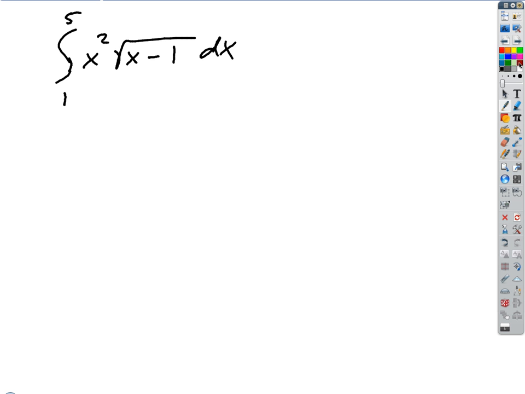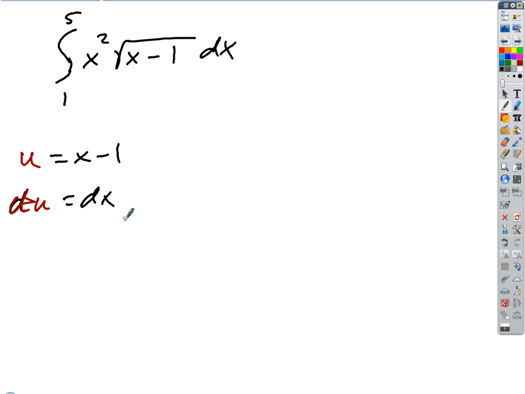U equals 6 times 1. So what's du? So du equals dx.